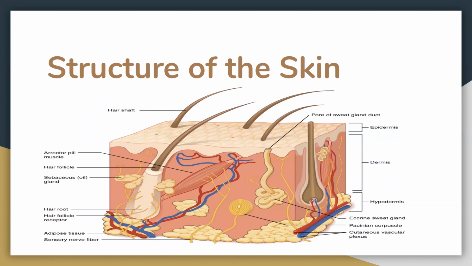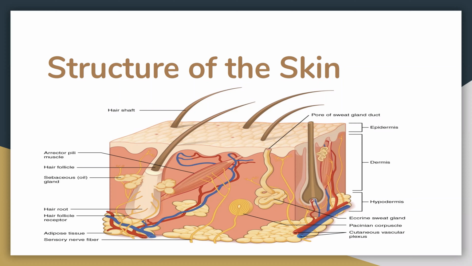So here is a very good graphic of the skin. In it, starting from the bottom up, you have the sensory nerve, the adipose tissue, which is fat tissue. You see how it's supported by capillaries and arteries. And you have your hypodermis, your dermis, and your epidermis.